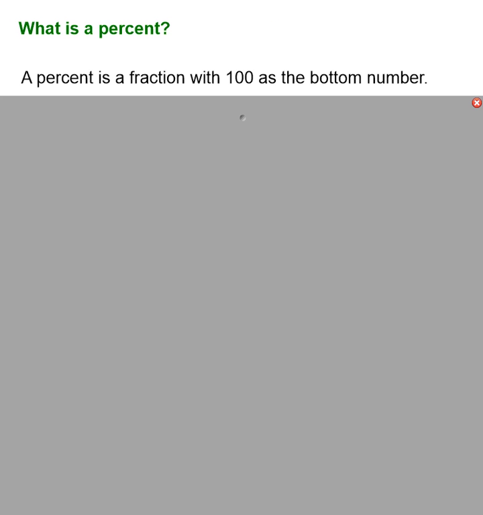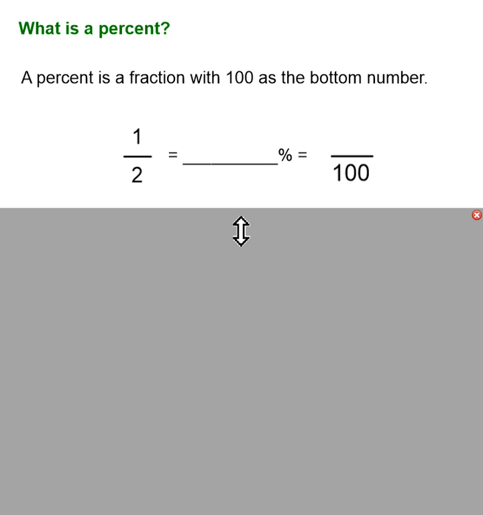So let's review a little bit about percents. A percent is a fraction with 100 as the bottom number. So you know some of the common ones. You know what 1/2 is. If I said that something was half off, you would know that that was 50%.